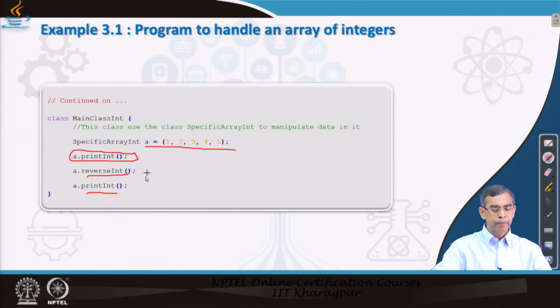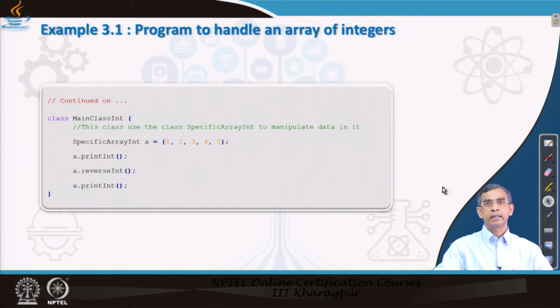So, here we just create an object, as we see, the name of the object that we have created is A, which is basically a specific integer array. Now, this is for integer.